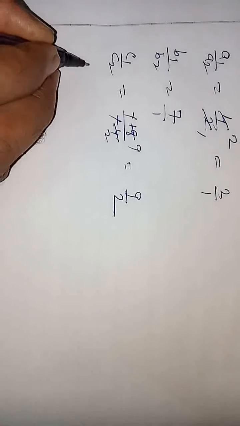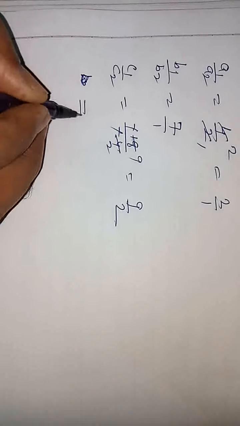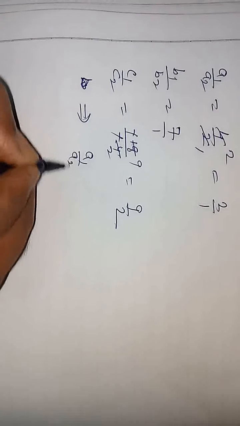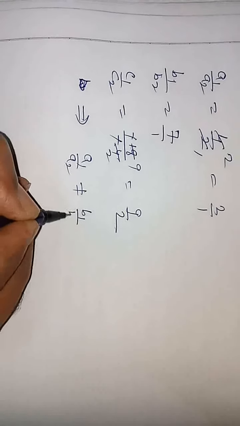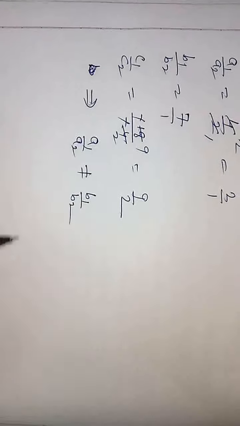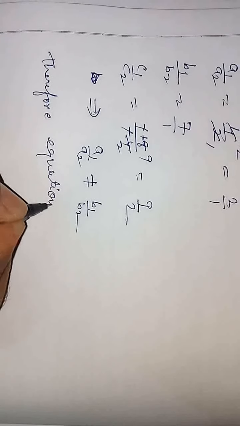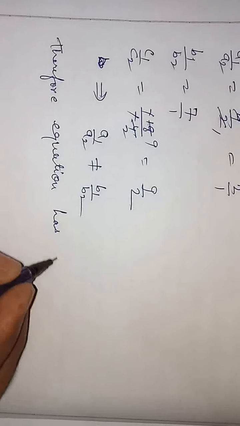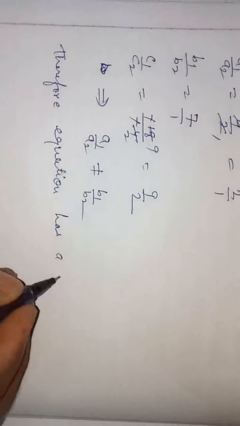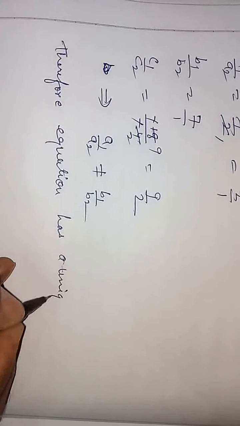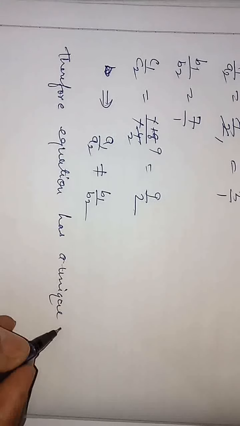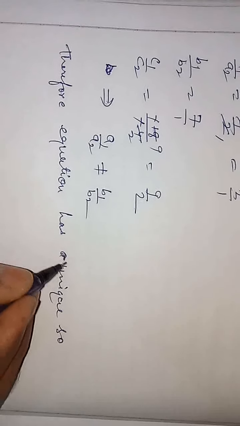You will see that here a1 upon a2 is not equal to b1 upon b2. Therefore the equation has a unique solution.